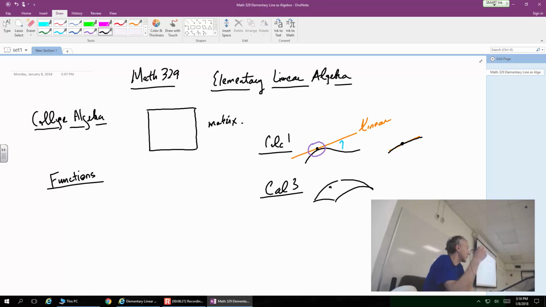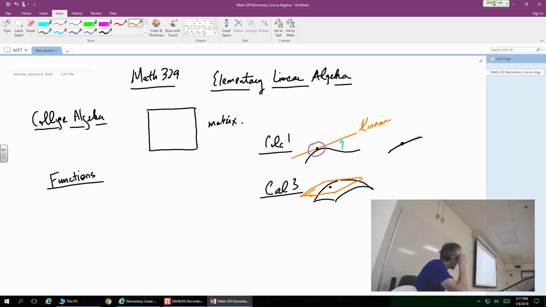You can experiment with that at some point, you just don't want to spend too much time. In any kind of computer graphics, if you zoom in, it becomes flat. So that's the idea, that's how linearity appears in higher dimensions.